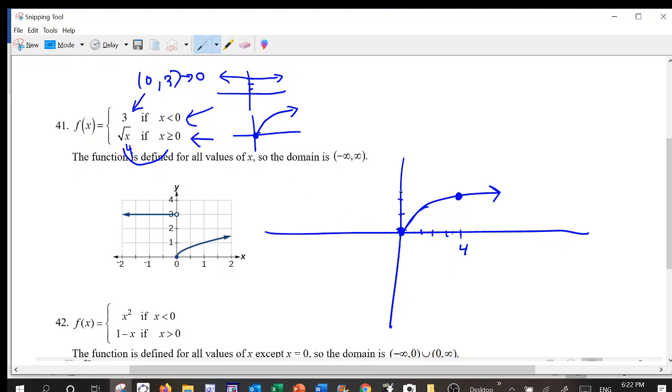So 0 and 3 is right here. So this is going to be a hole, not a complete point. And then to the left of it, whatever number you pick, you always get 3. So basically it's a horizontal line this way, right? And that's number 41.